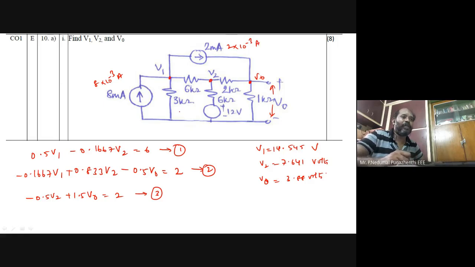The resistance values are 3 into 10 power 3, 6 into 10 power 3, 2 into 10 power 3, 6 into 10 power 3, 1 into 10 power 3. The problem here is that this 10 power 3 is coming and the source is 10 power minus 3, these both get cancelled and you are getting normal values.